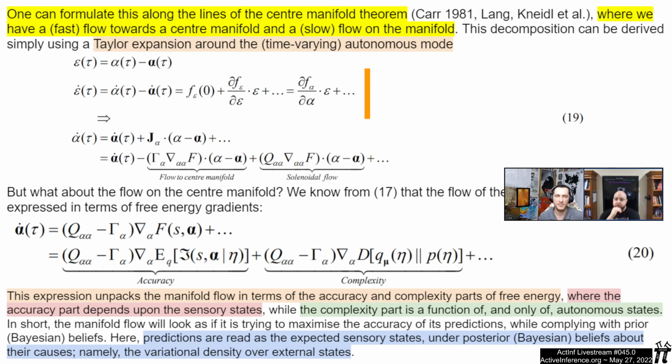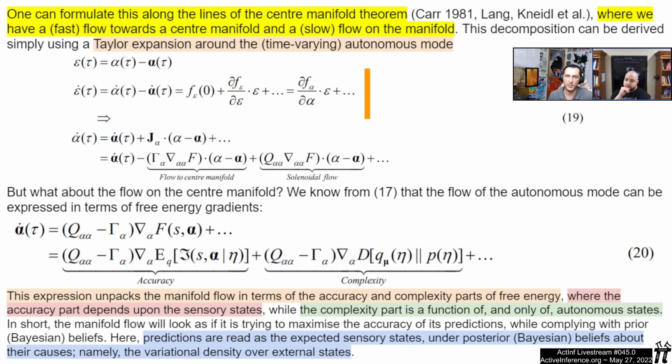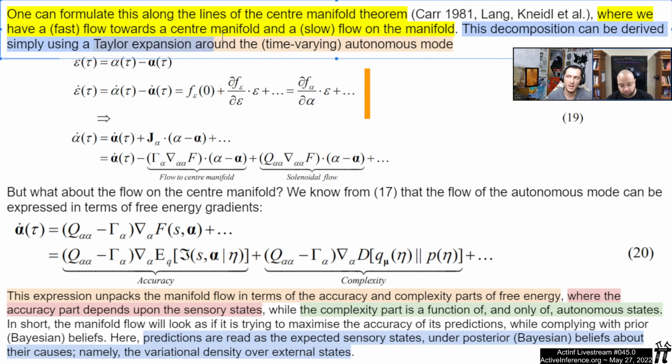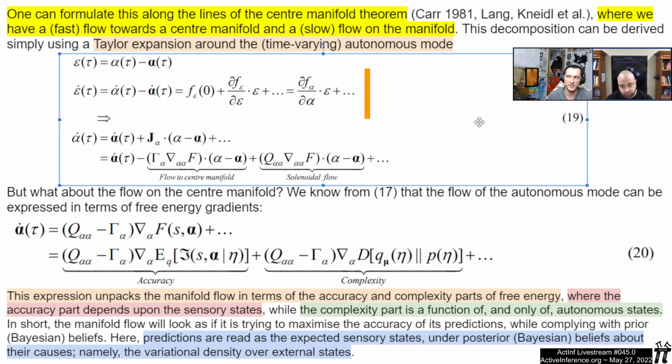We'll return to it. As they had brought up before, one can formulate this along the lines of a center manifold theorem, where we have a fast flow towards the center manifold and a slow flow on the manifold. Going fast towards the valley, ravine, and then going slow on the river. This decomposition can be derived simply using a Taylor series expansion around the time-varying autonomous mode.